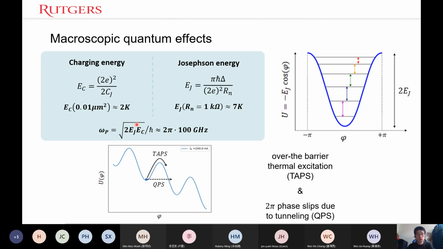So this gives us a sense of the potential barrier versus the kinetic energy of the particle with EC, and we can feel whether this particle is in a strictly classical regime, by classical I mean we have a lot of energy levels in the potential well, or we're actually in a more quantum regime where the ground state energy is very close to the confining potential, where we have a higher quantum phase slip rate, which I will mention right now.